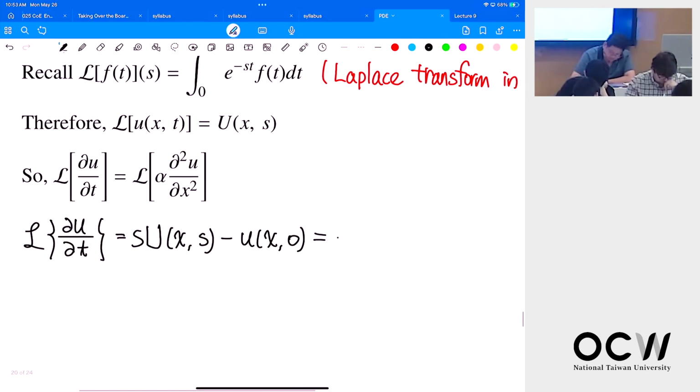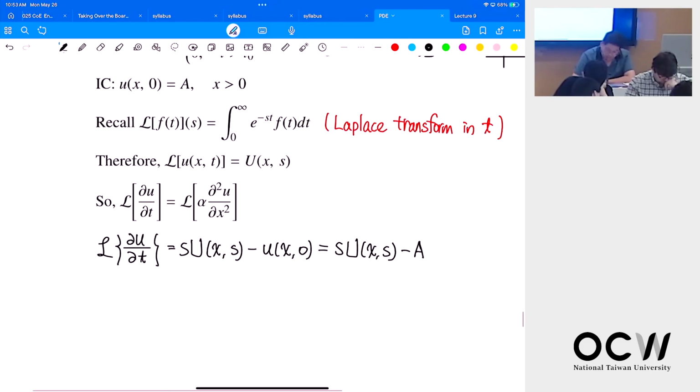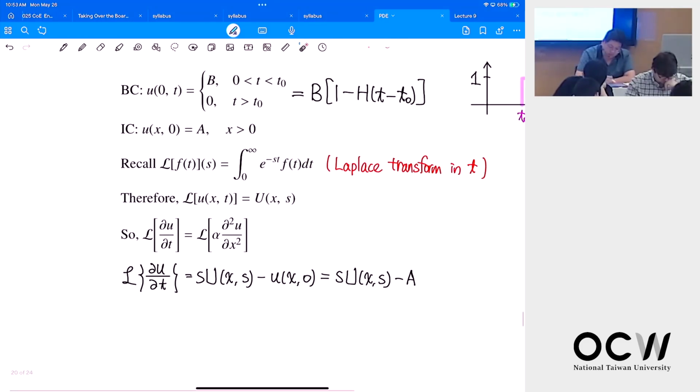This gives you s U of x, s minus a. So this is a.